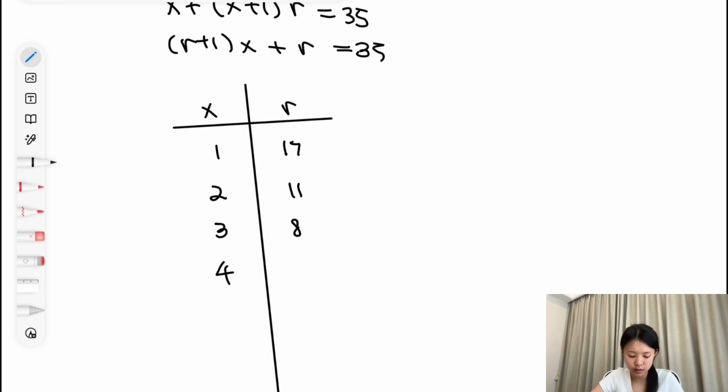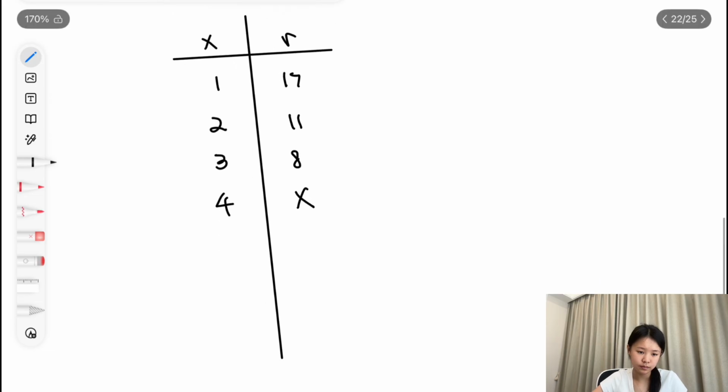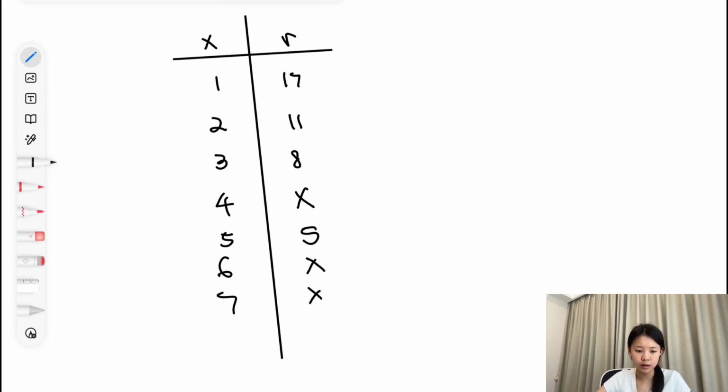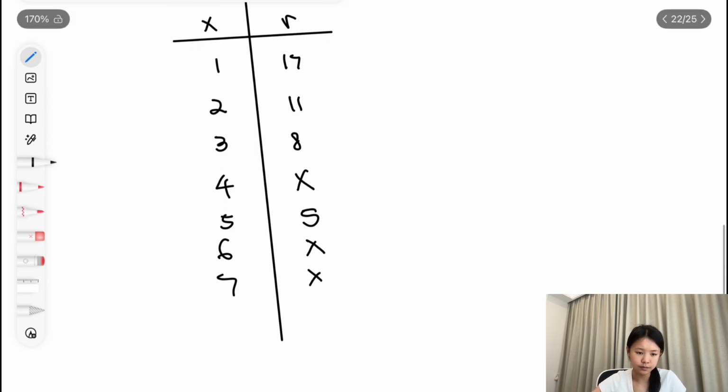If X is 4, that would be 5R plus 4, and 35 minus 4 equals 31, which is not divisible by 5. So that's not correct. Then 5 is 5. 6 is also not correct. 7 is not correct. And then we look here, there are a lot of gaps.